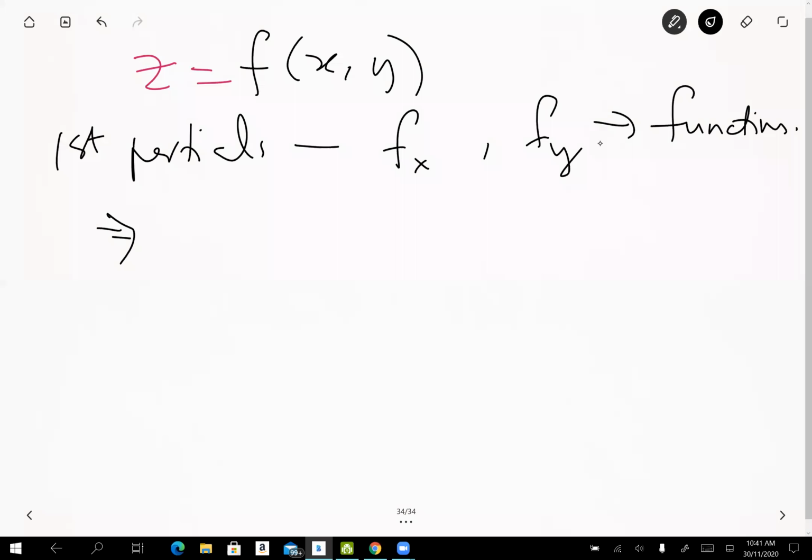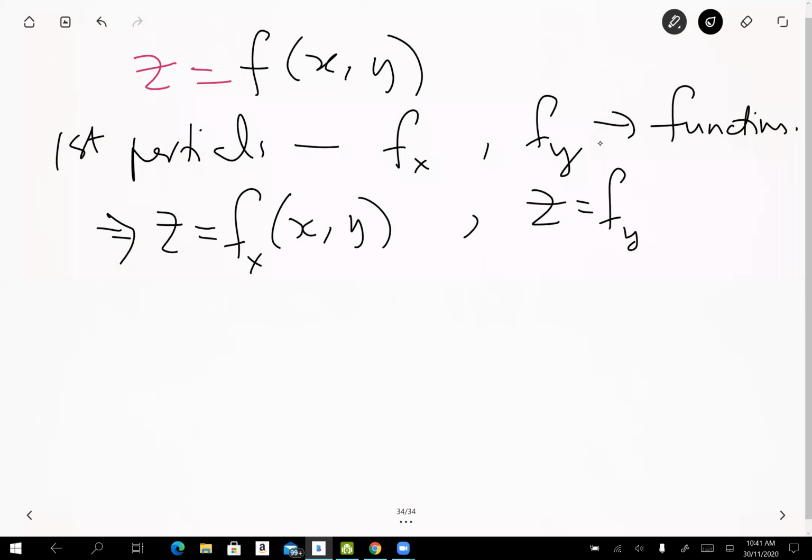Actually, you can call it Z, but now it's the Fx. It's not Fx anymore, but they are functions of X and Y. And similarly, Fy, you can call it Z. Now it's Fy, and it's a function of X and Y.